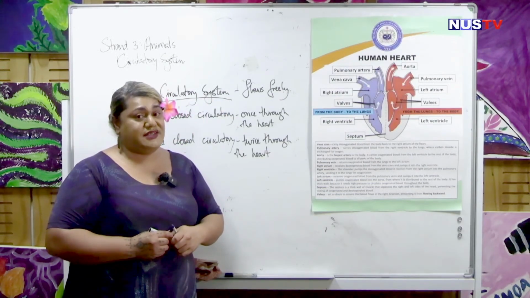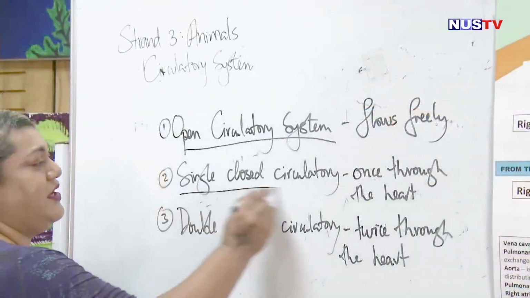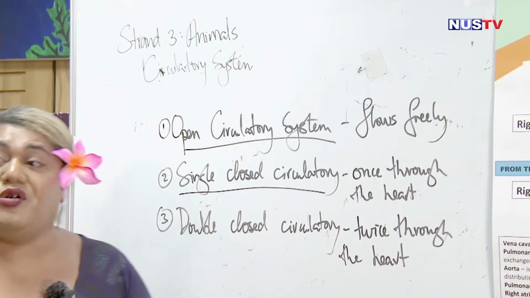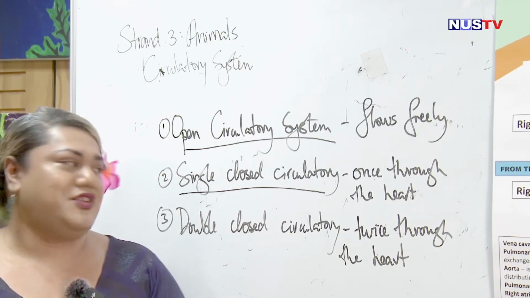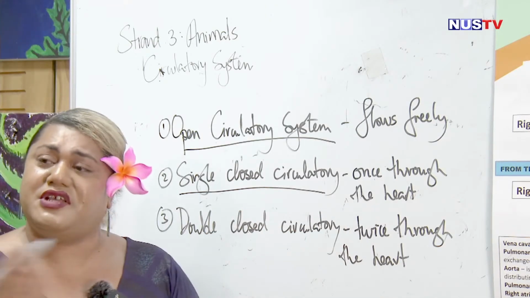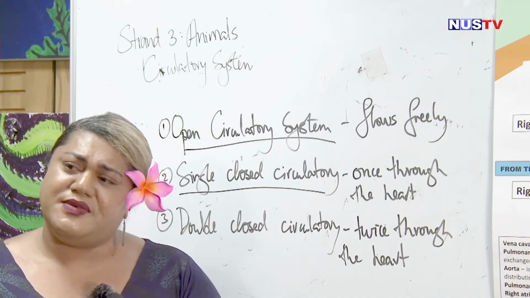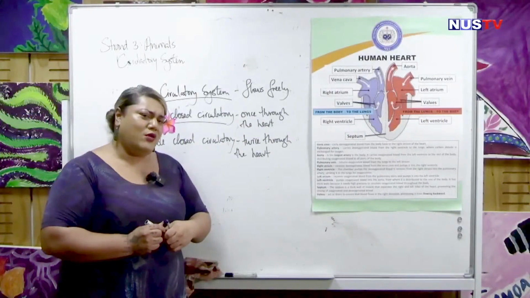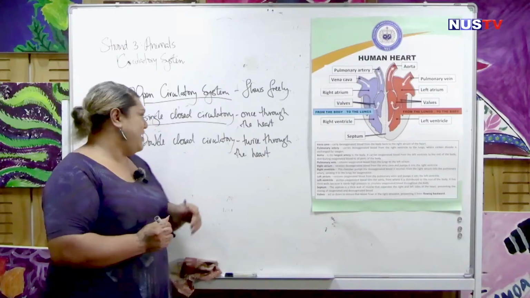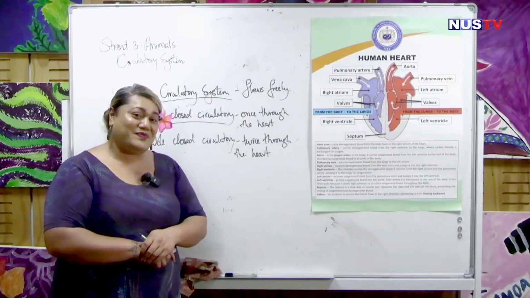Open circulatory system. The next type of circulatory system is a single closed circulatory system. And it only goes through the heart once, so the blood travels just once around the heart. Do you remember an organism that has a single closed circulatory system?